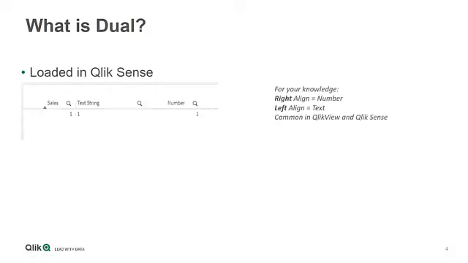Now, here is the loaded result in QuickSense. As you can see, sales 1 is loaded. So this one here is actually a dual value.